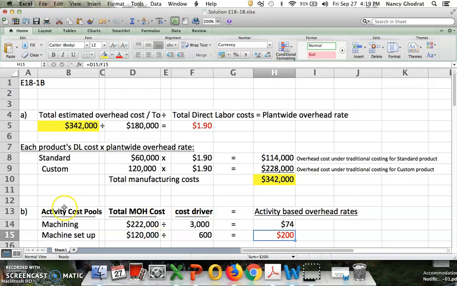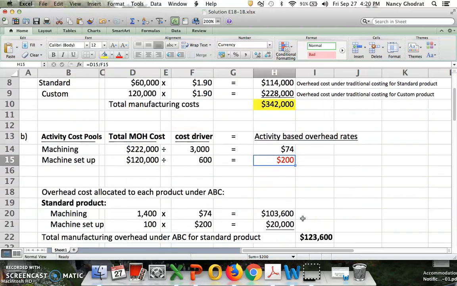So step 1 was coming up with the cost pools, step 2 was cost driver, and step 3 is activity-based overhead rate. Step 4 is multiplying the activity-based overhead rate, the 74 and 200, by the cost driver for that product. So for the standard handbag, let's go back to the facts.